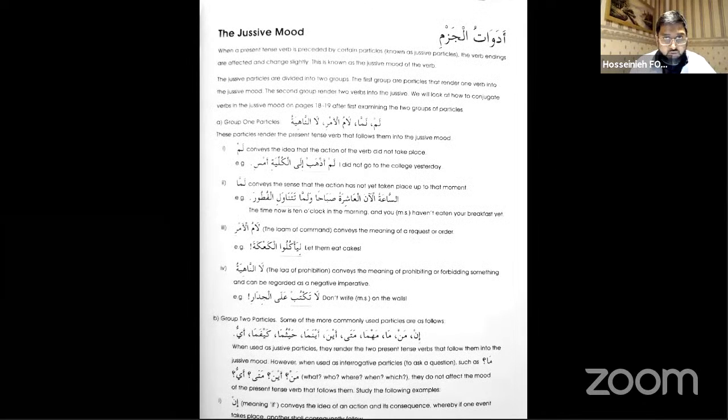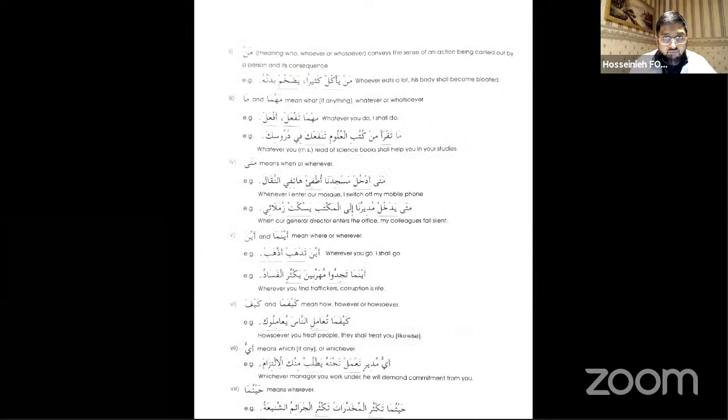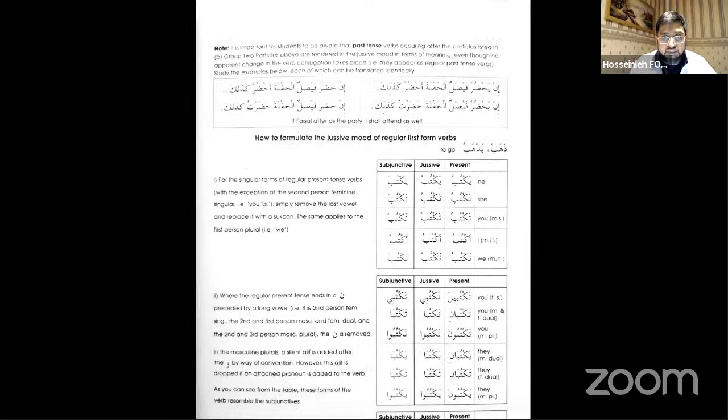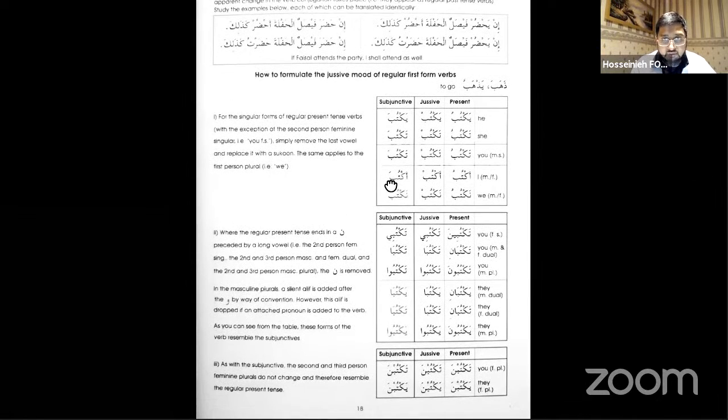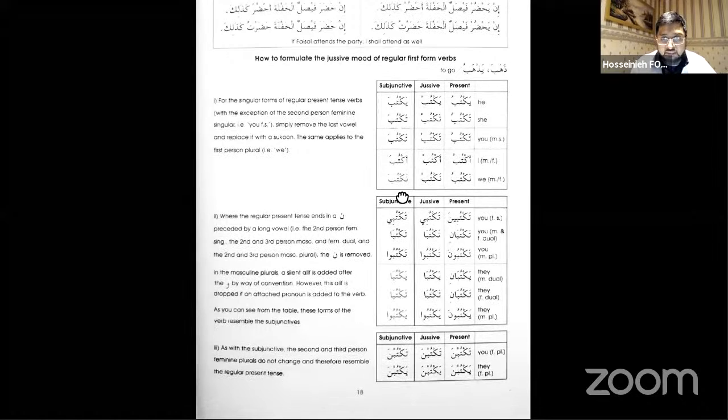Right, so the next one is the present tense verb in the mansoob state, which is called the subjunctive case. In the subjunctive case, I'm going to bring in brother Yasmana Tehrani.